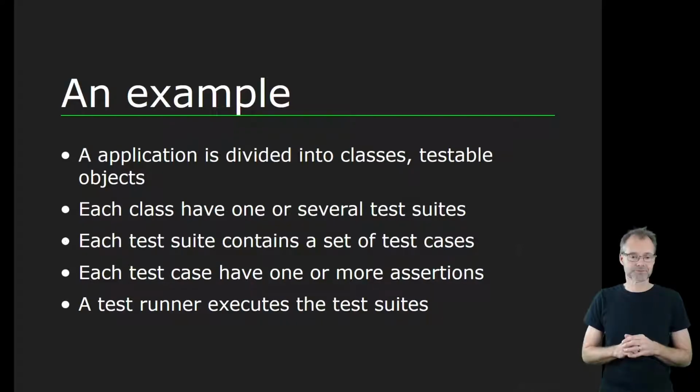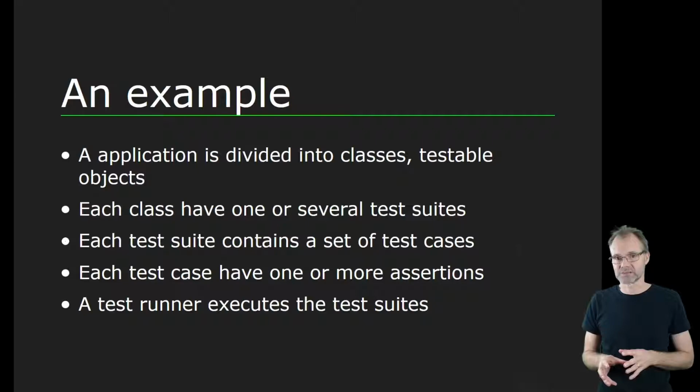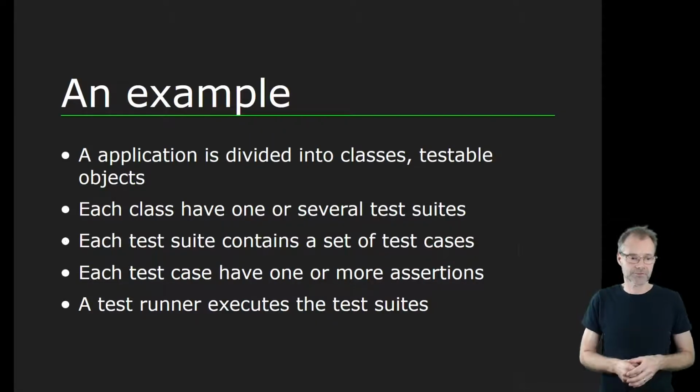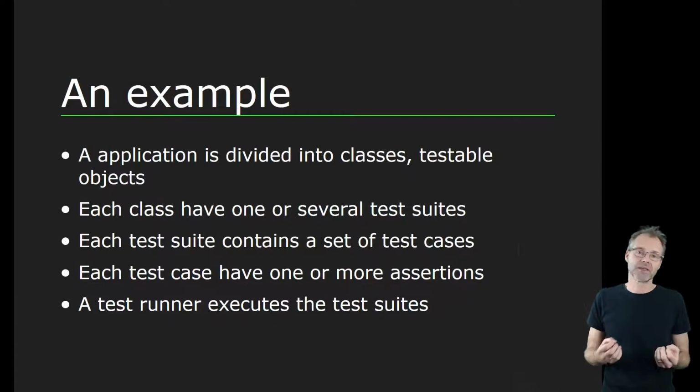Each class, or test object, can have one or several test suites. So we write test suites that aim to test a specific test object class. Each test suite contains a set of test cases. So there can be many test cases in each test suite.